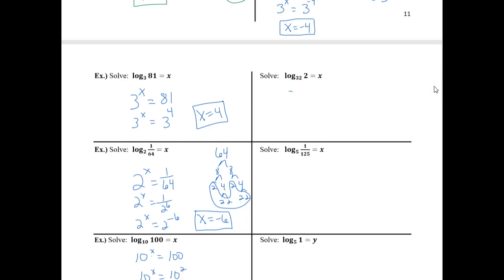I rewrite it exponentially, so I start with the base. Logs equal exponents. That log equals x, so x is the exponent, equals, the only number we haven't used, 2.